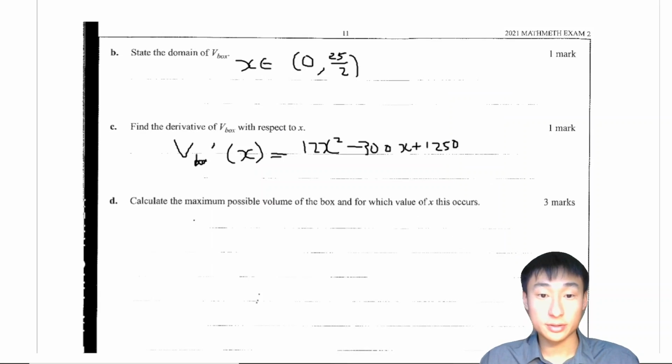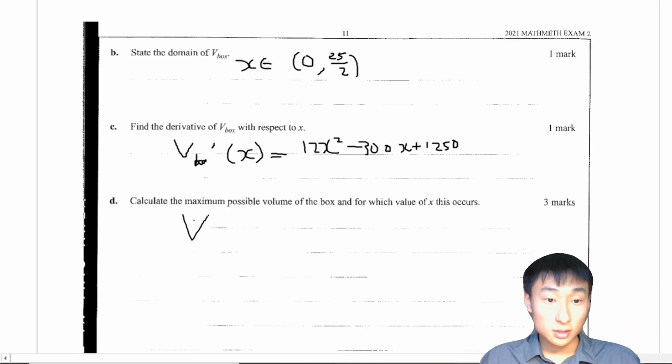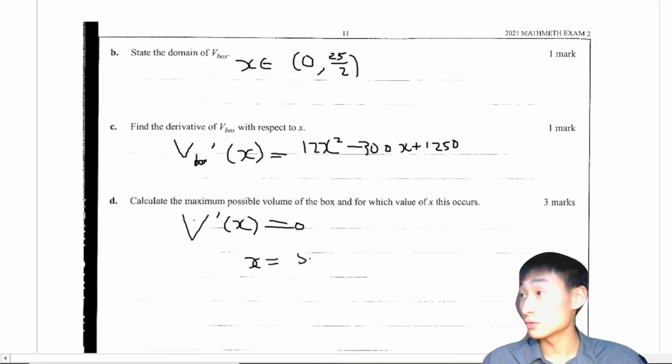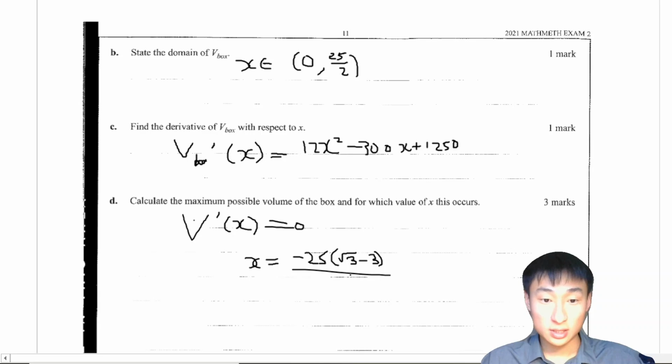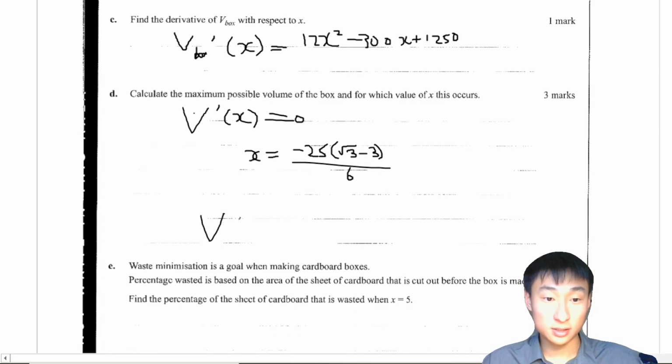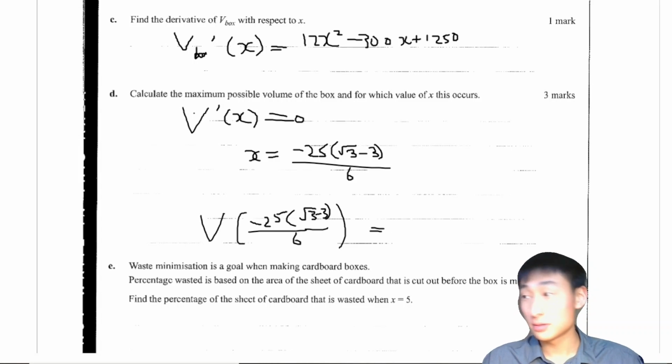So V dash of x is equal to 0, and so x is equal to 5.28. Actually, I'm going to have to put the actual surd in: negative 25 root 3 minus 3 over 6, and then I sub in V. So I get V of that, and that's equal to 15625 square root 3 over 9.